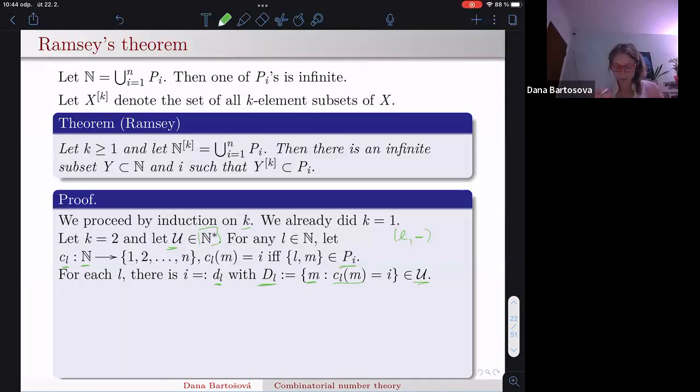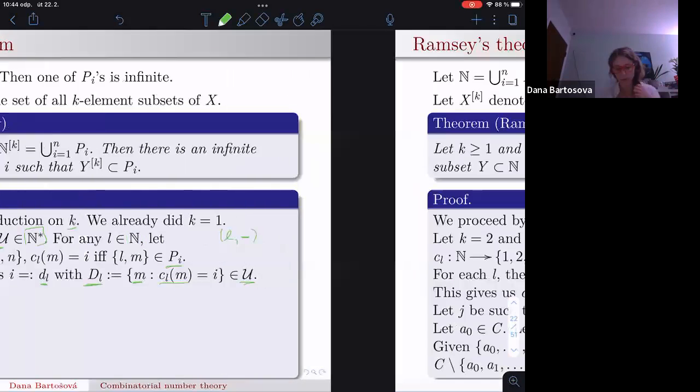And now this is the split into the two dimensions, right? So now I was fixing the first coordinate, and I was looking at colorings for the second coordinate. And now this gives me in turn a coloring on the first coordinate, which is again dimension 1 only.